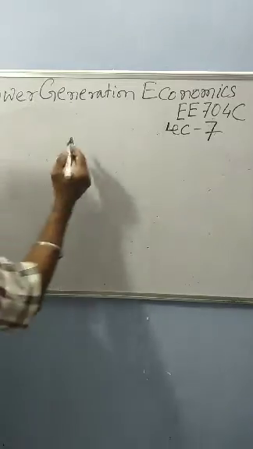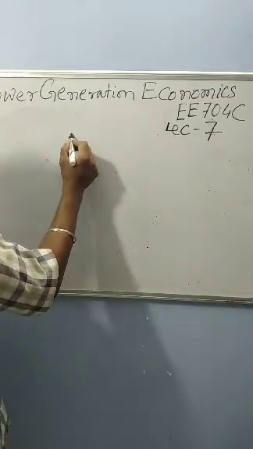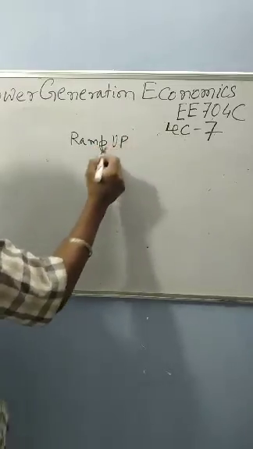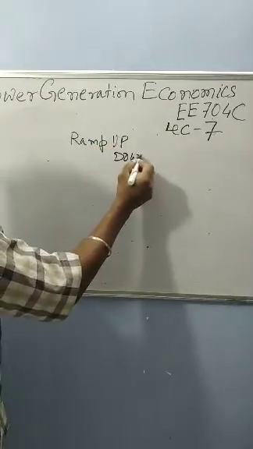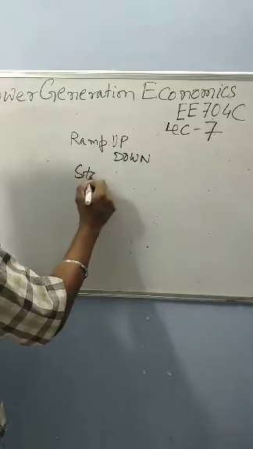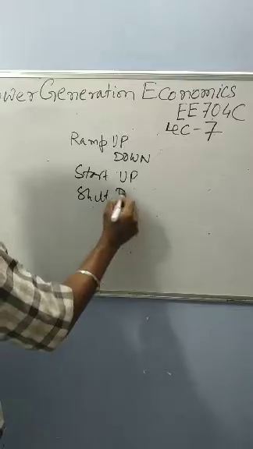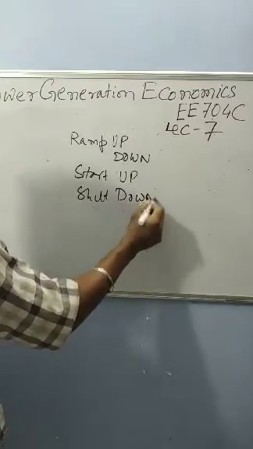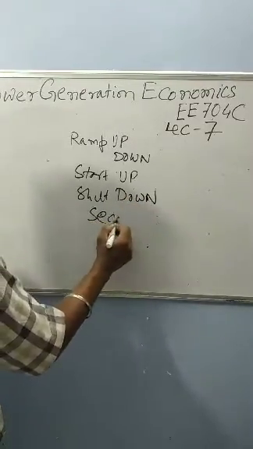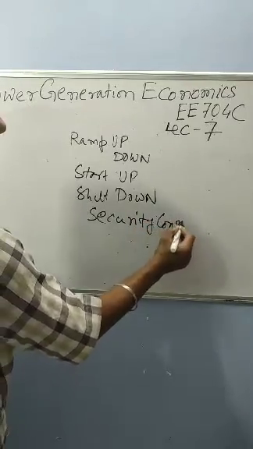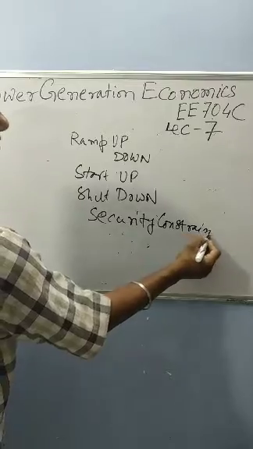For the unit commitment solutions, we have discussed there are lots of constraints, that is ramp up, ramp down, startup, shutdown, and all these constraints, and security constraints. Under security constraints there are also lots of constraints.